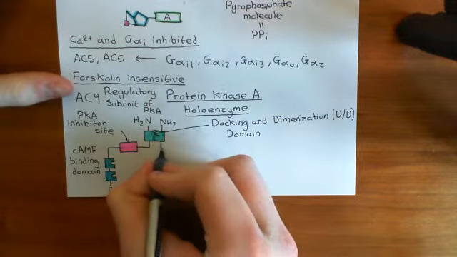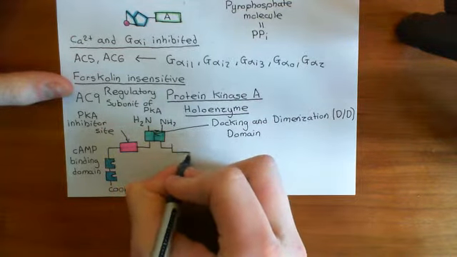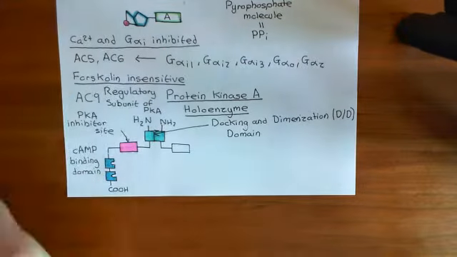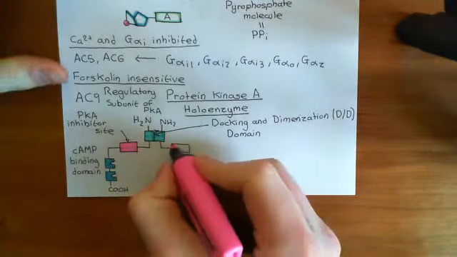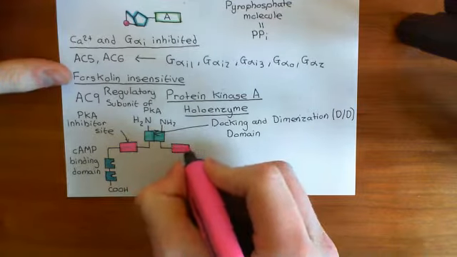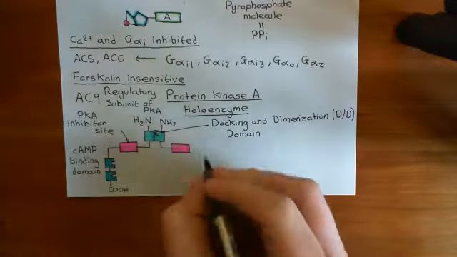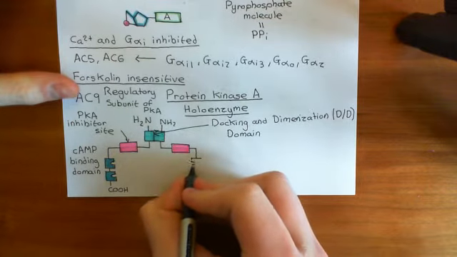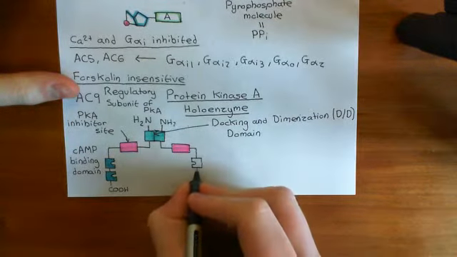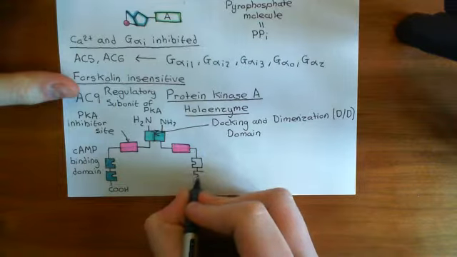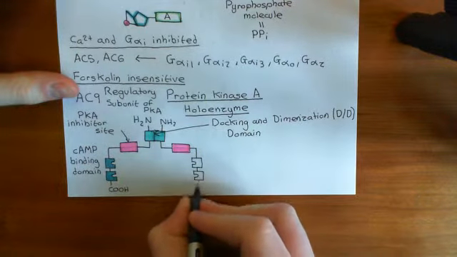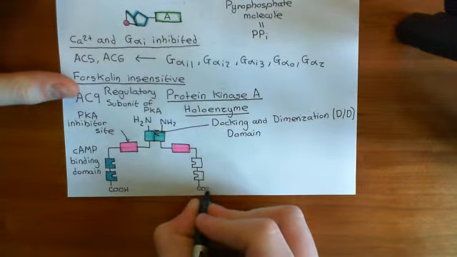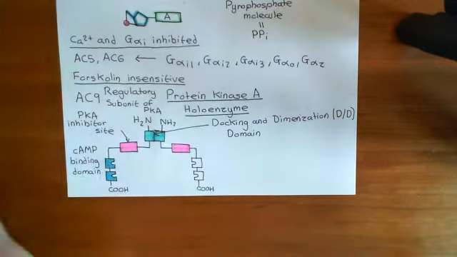Then the rest of the polypeptide will go off down here. So again, here is another protein kinase A inhibitor site. After that, the regulatory subunit will also have two cyclic AMP binding domains in tandem, like so, and then the carboxylic acid terminus right at the end down here.